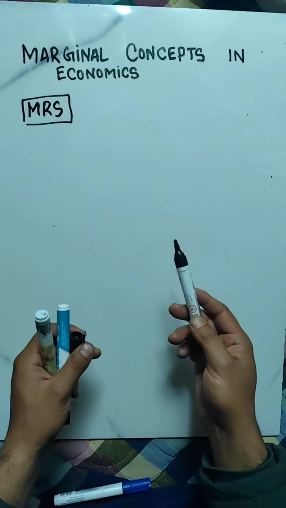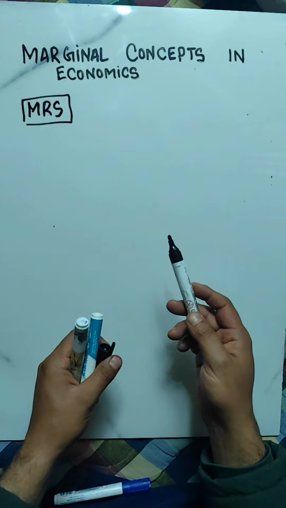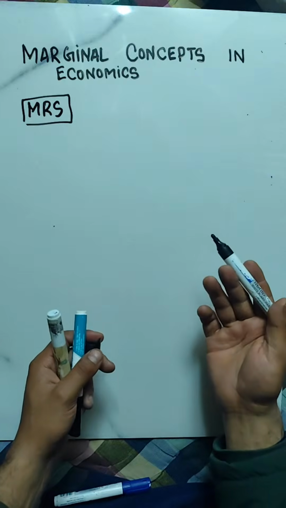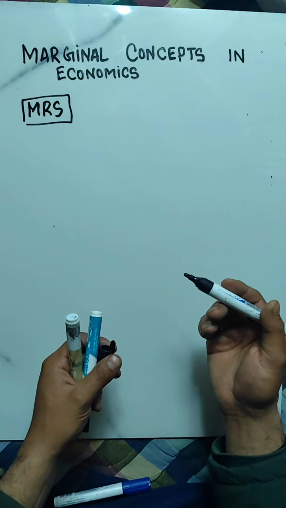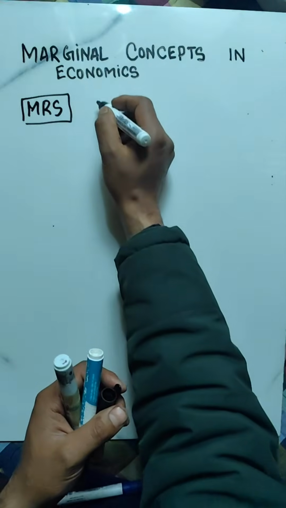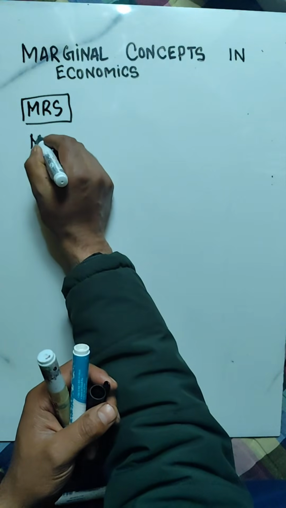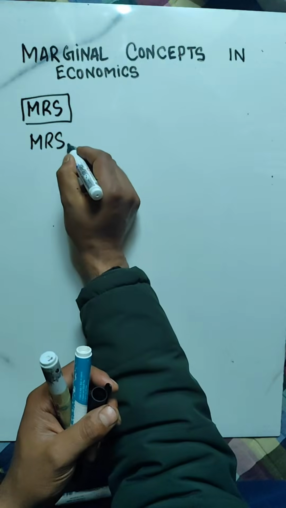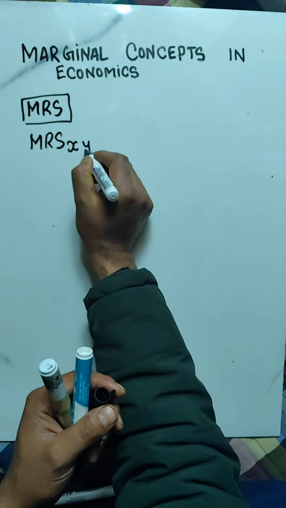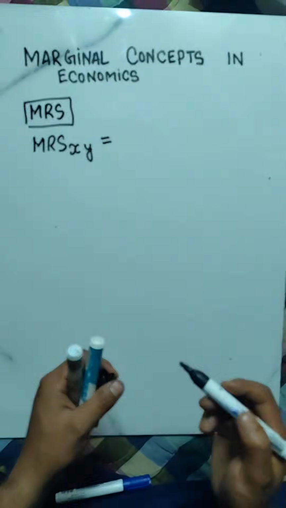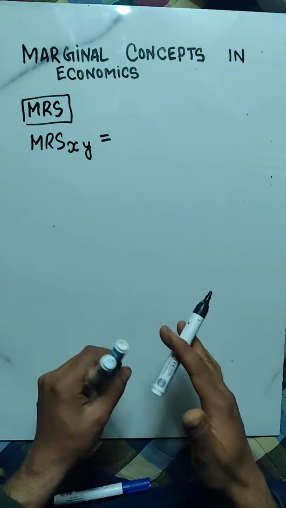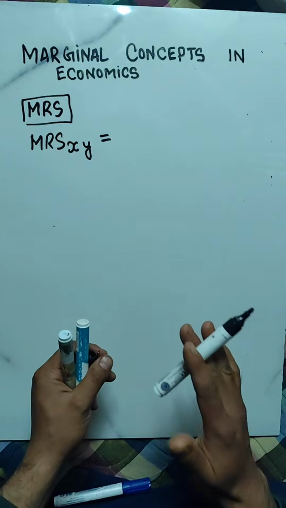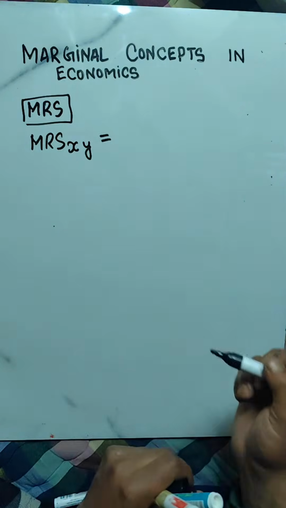Marginal rate of substitution measures, and let me write it specifically, the marginal rate of substitution between two goods. Let us suppose we have two goods, X and Y. So the marginal rate of substitution between two goods X and Y represents the rate, and let me write it here.